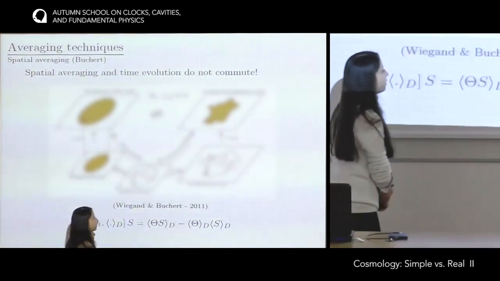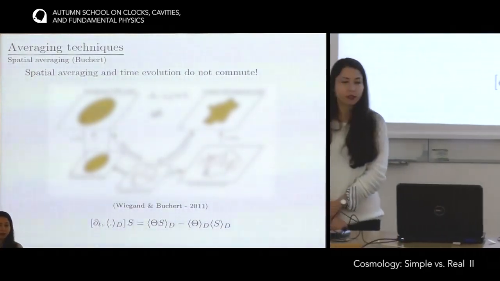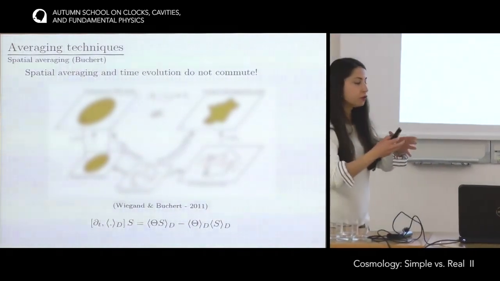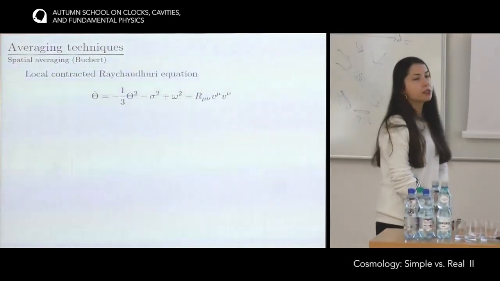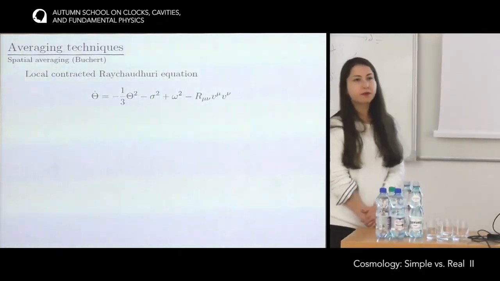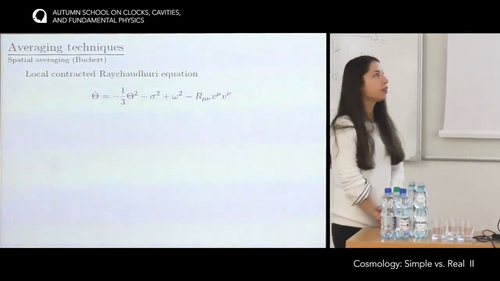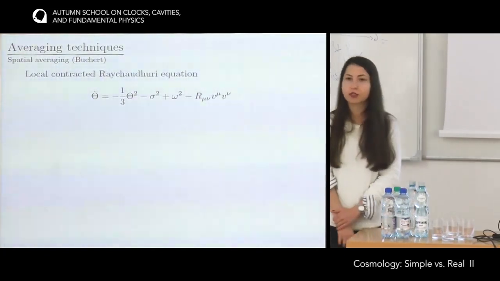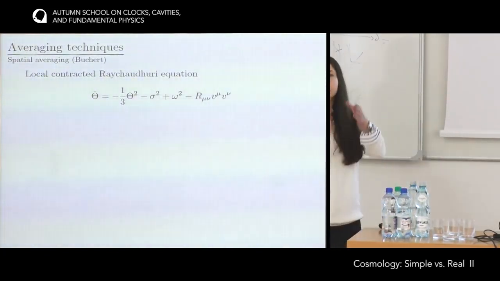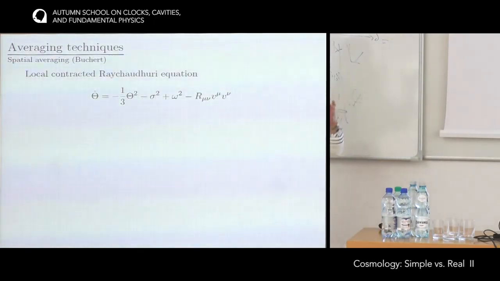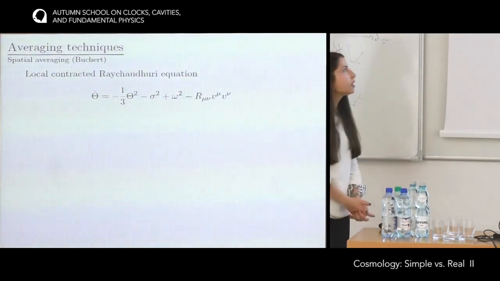Here theta is the expansion scalar of your fluid elements. So here the Raychaudhuri equation is relevant. That gives you the change in your expansion scalar. Let's say you have a congruence of matter particles, a bunch of world lines.